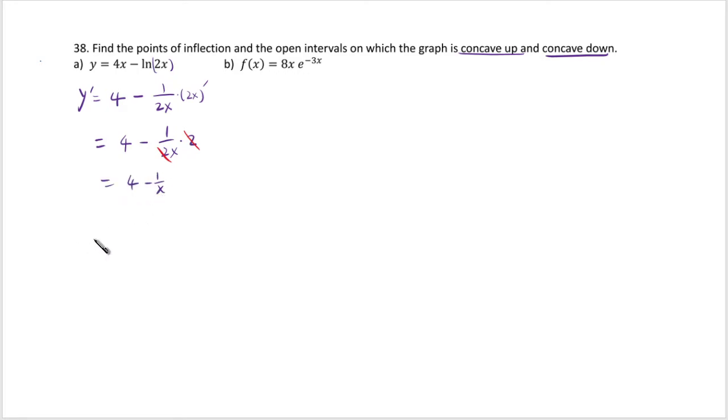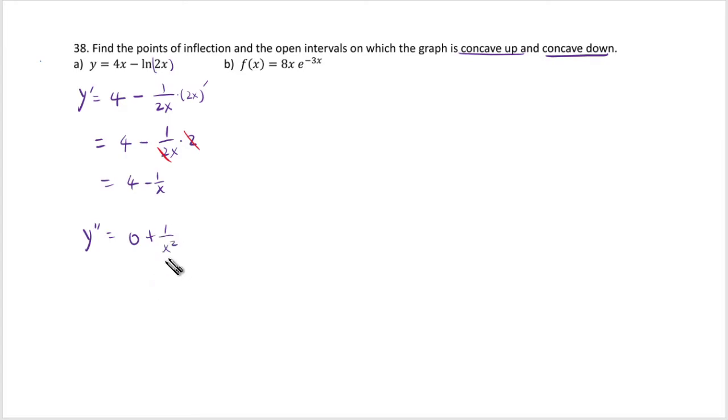and that's 4 minus 1 over x. Okay, then I differentiate this again, y double prime, which is 0. 1 over x differentiates to negative 1 over x squared, so this will become 1 over x squared.